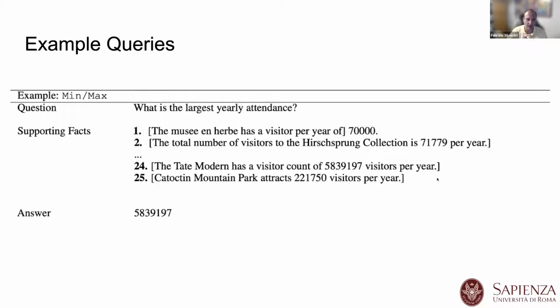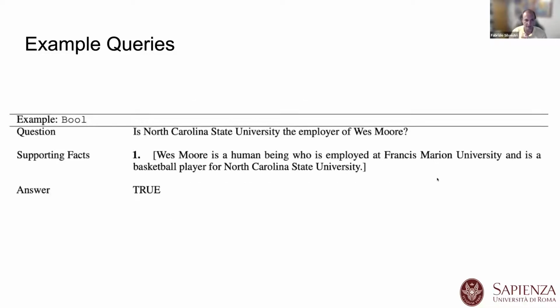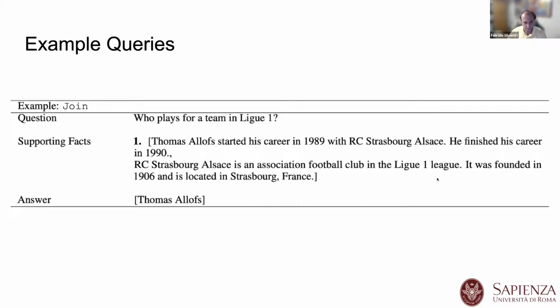And you have like 25 facts that are pertinent to this query. And the answer is the one that is listed there, because the database is able to take the max out of there. And then Boolean queries: is North Carolina State University the employer of Westmore? There is a supporting fact, and the answer is true.